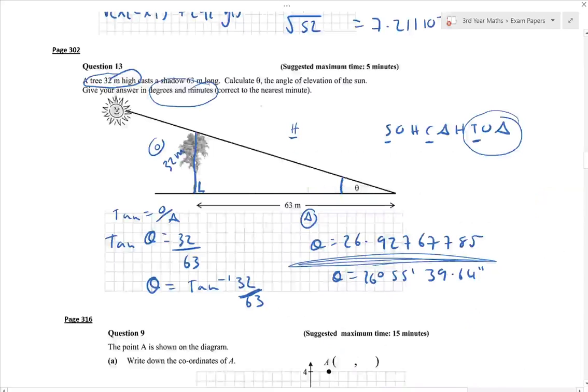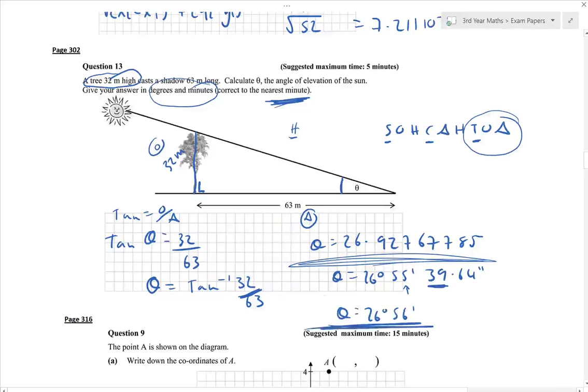Okay, and it says to the nearest minute. So 39 seconds is more than half a minute, so this is rounded up to 26 degrees and 56 minutes. So you won't get your full marks unless you specifically answer the question exactly the way they asked it.